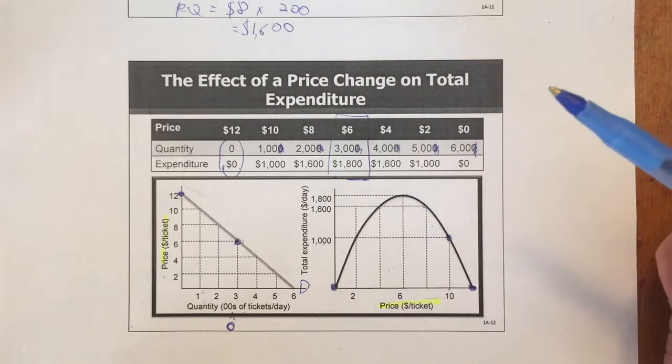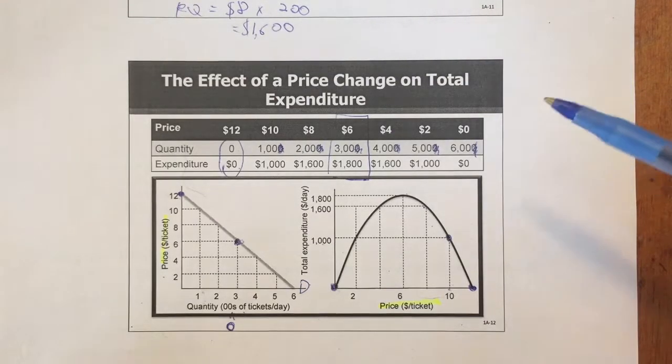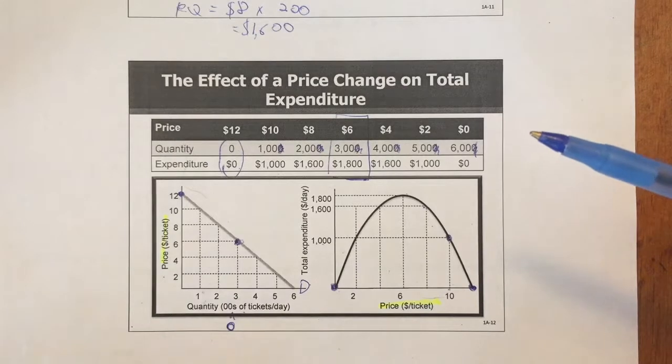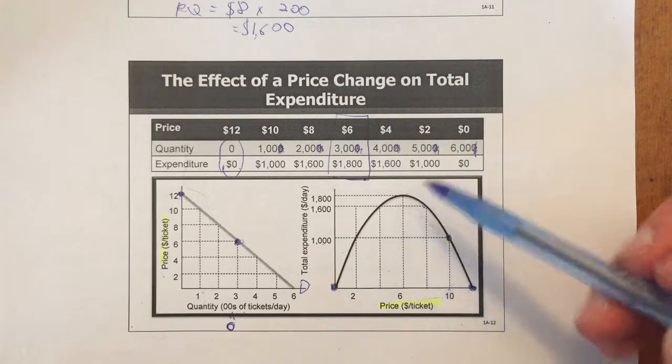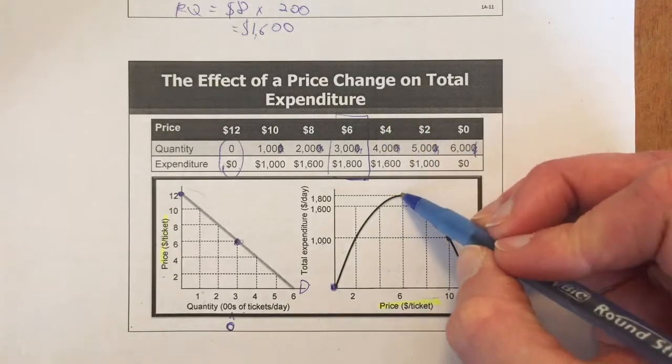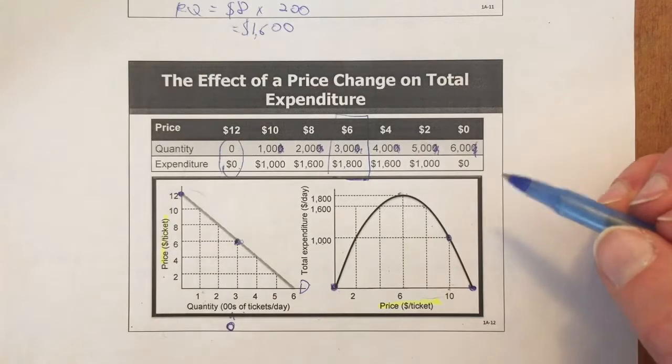Now, this of course is assuming that a company is able to choose the price. We'll talk more about that in the next chapter and what ability firms have to set a price. But if they can, they'll obviously want to maximize the total expenditure of customers.